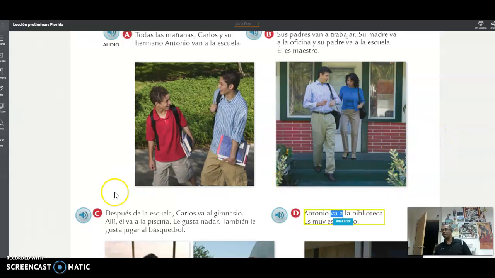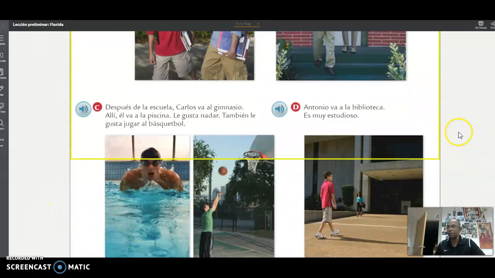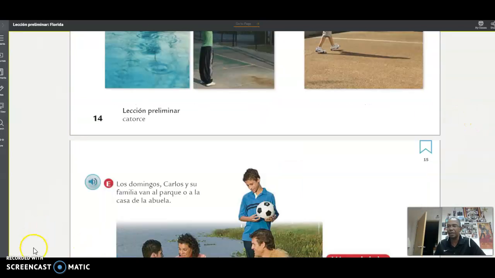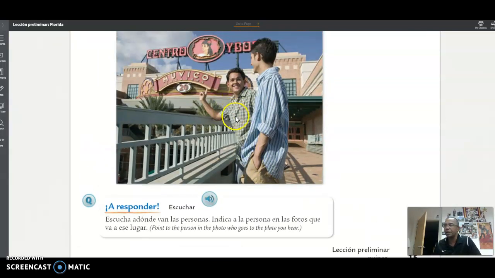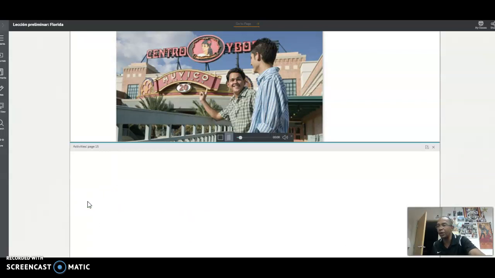All right, so with this in mind, we are going to complete the next activities from the next pages. After you have covered some of this audio, what I would like you to do is to first, as I instructed you before, click on the questions on the speaker right here, and then you're going to click on the questions. ¿A dónde van?